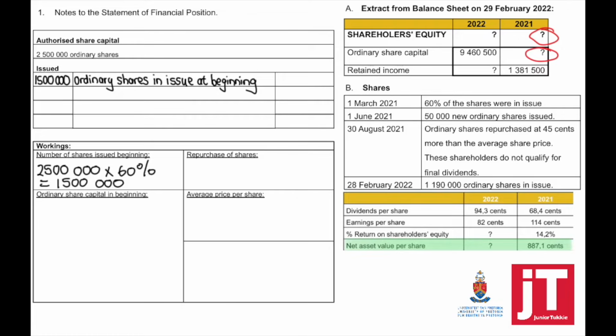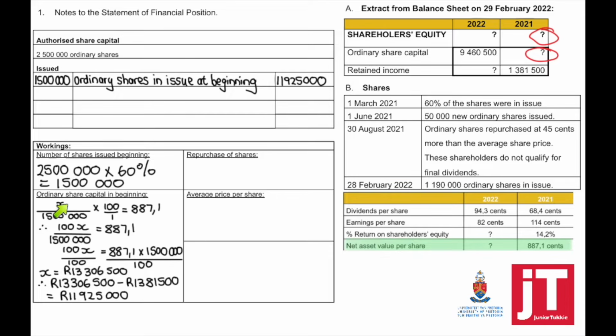We've just calculated the number of shares in issue in the beginning. The closing balance at the end of last year is my opening balance this year. And they provided to me the net asset value per share. This means I can use this financial indicator to find the shareholders' equity.